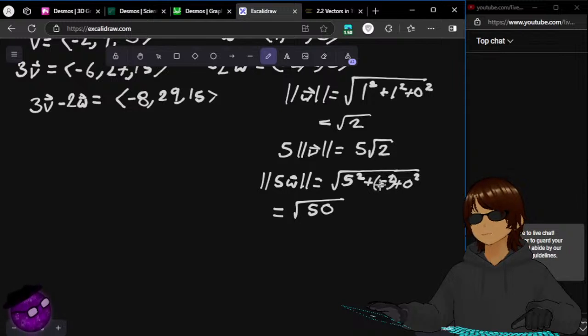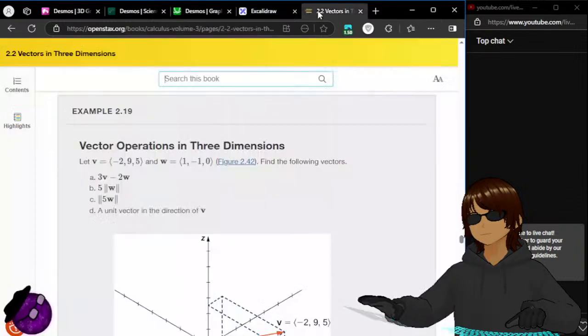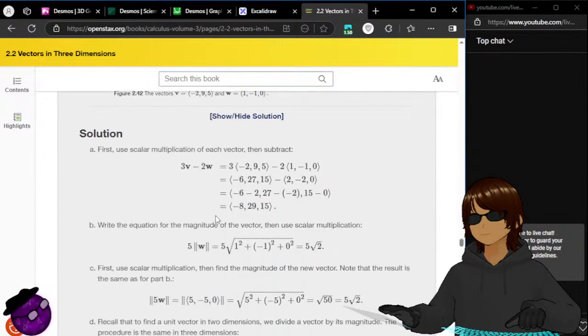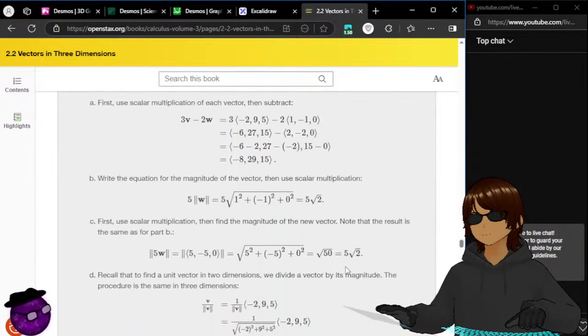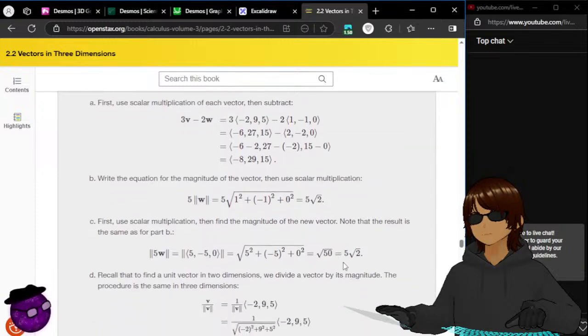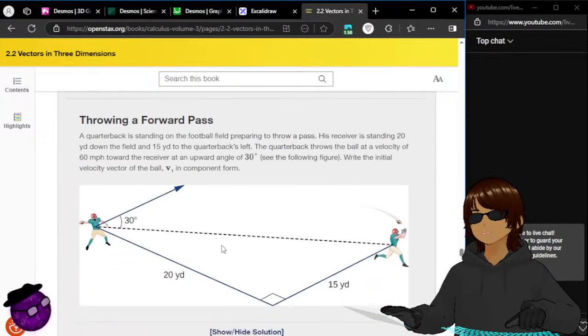Is this correct? Oh yeah, √50 is 5√2. Then lastly, we had to find the unit vector.